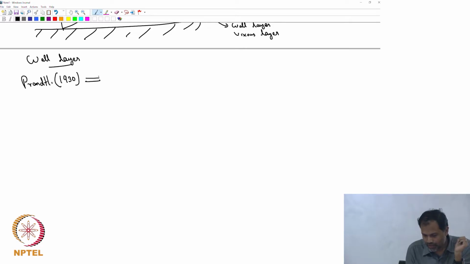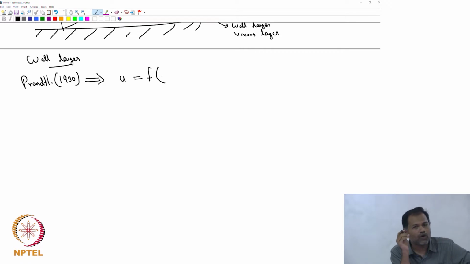He said, let us try to write down some expression for the velocity profile, but we will just do a non-dimensional analysis. And he said the velocity profile is just going to be a function of how far it is from the wall. That makes sense, because it has to depend upon where it is.